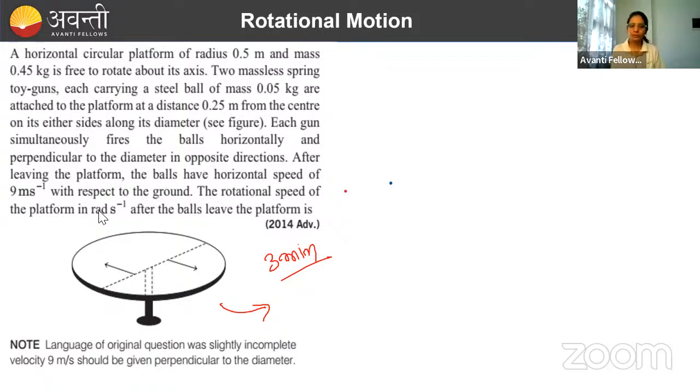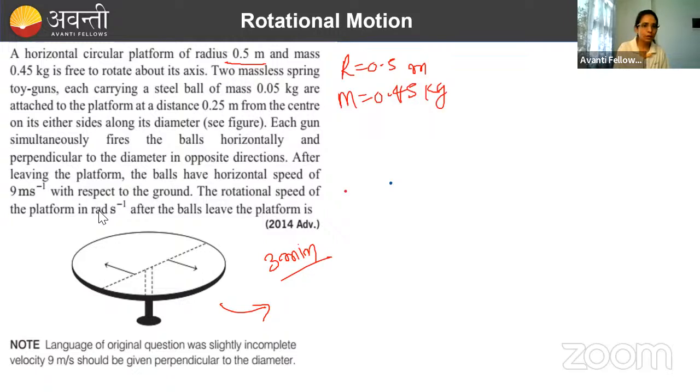So see what the question is. Let me read the question carefully. There is a horizontal circular platform of radius 0.5 meter. Its mass is 0.45 kg.